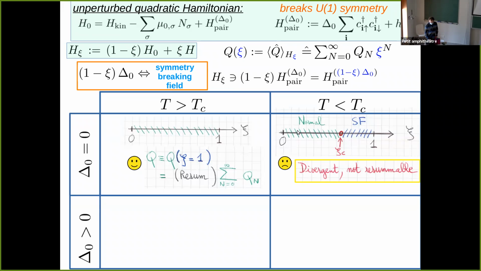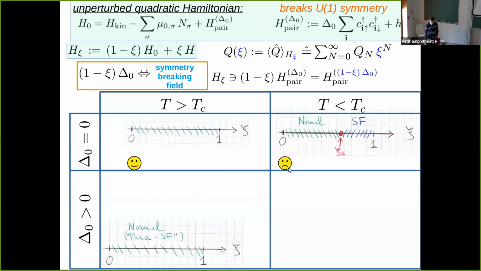So you are normal at finite temperature. So that means that you must have some phase transition as a function of psi, some singularity between 0 and 1. And therefore, the series will not only be divergent, but also not resummable. So mathematically, that means it's hopeless. And that's why we are breaking the symmetry using this non-zero pairing field in our H naught, in our starting point of the expansion.